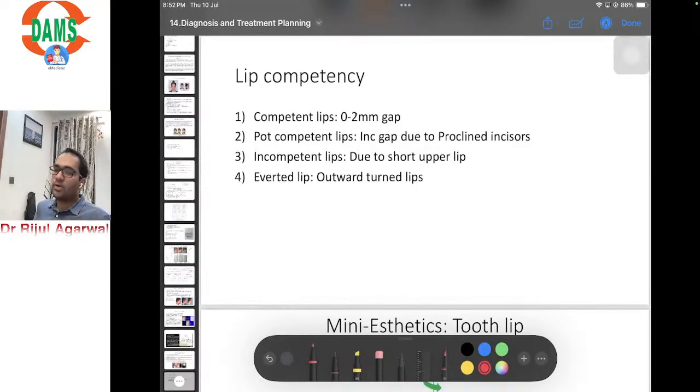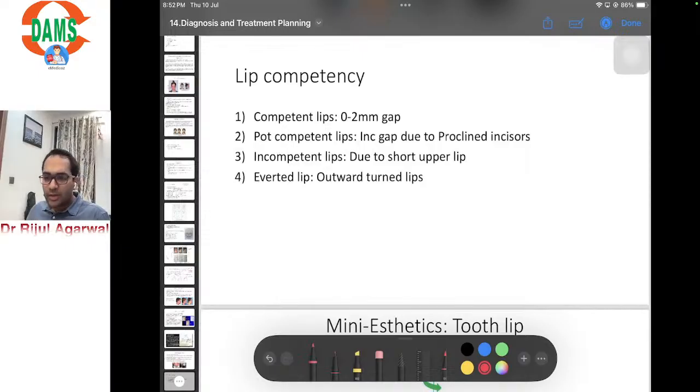Div 1 is because of proclined incisors leading to eversion of the lips leading to deep mentolabial sulcus. Div 2 is because of hyperactive mentalis activity leading to deep mentolabial sulcus. Why hyperactive mentalis activity? So as to obtain proper lip closure.